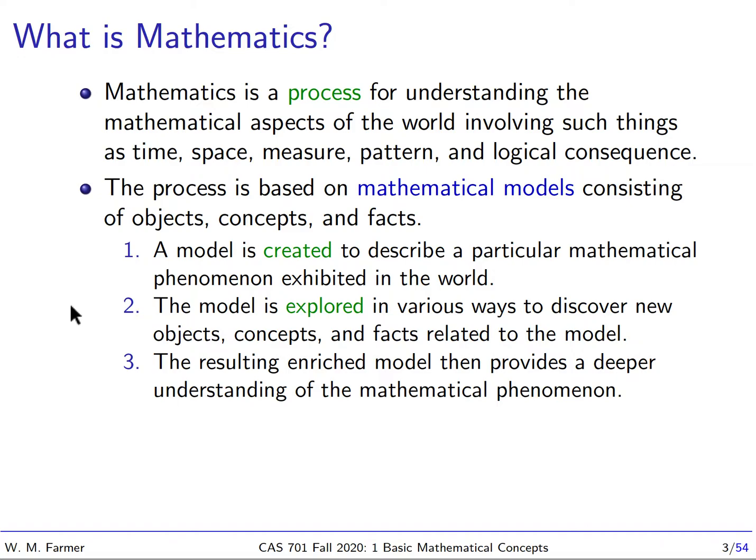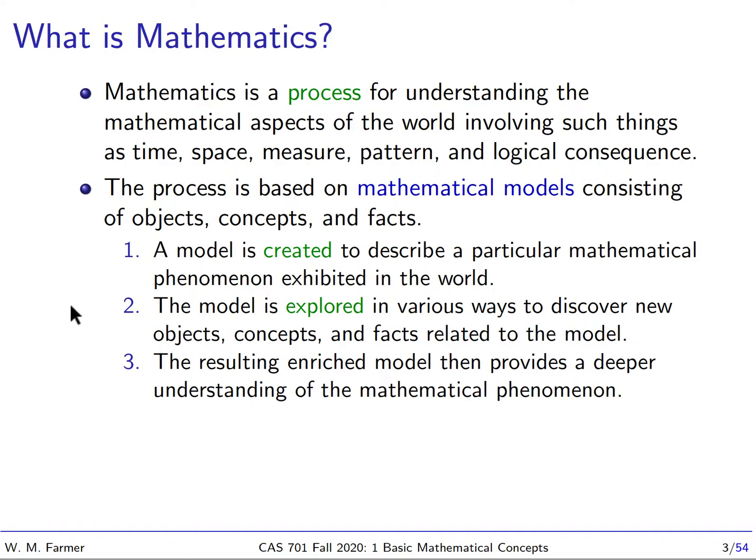Then the second important part of the process is exploring the model. By exploring the model, we can learn more about the phenomenon in the real world. By exploring this model about counting, we can learn more about counting. And we can do this by developing new objects, new concepts, and facts. So for instance, in our model of counting, we could introduce the notion of addition.